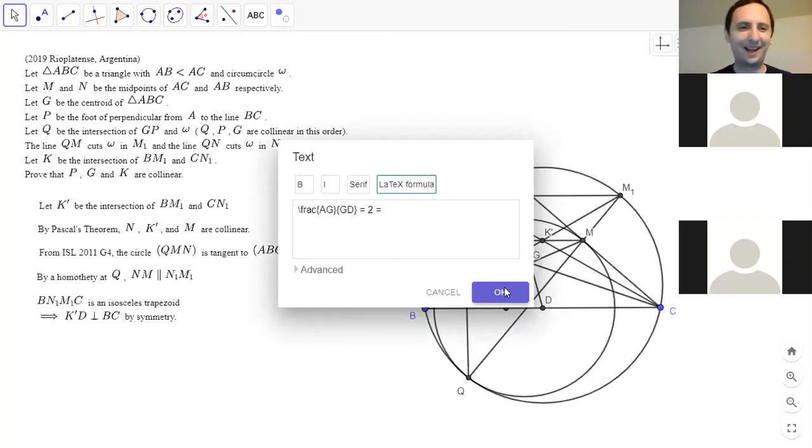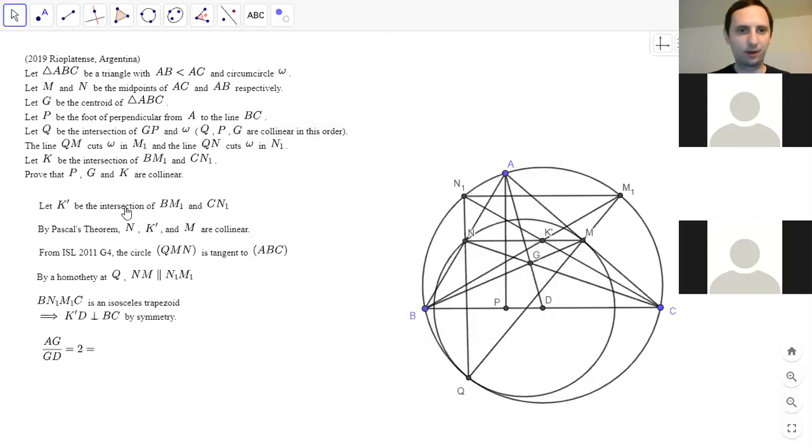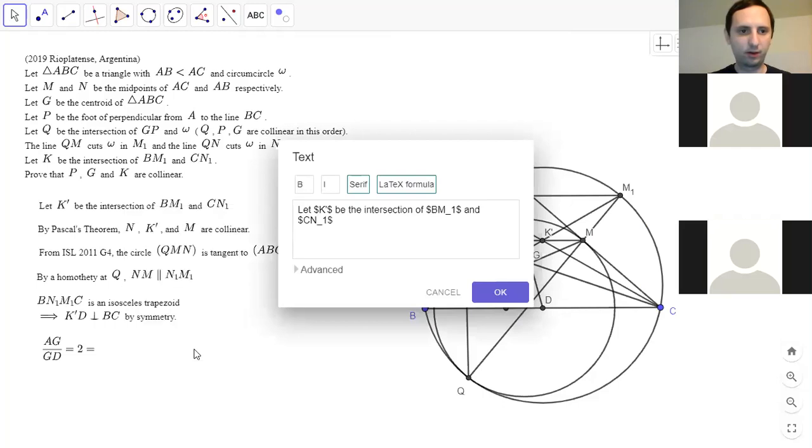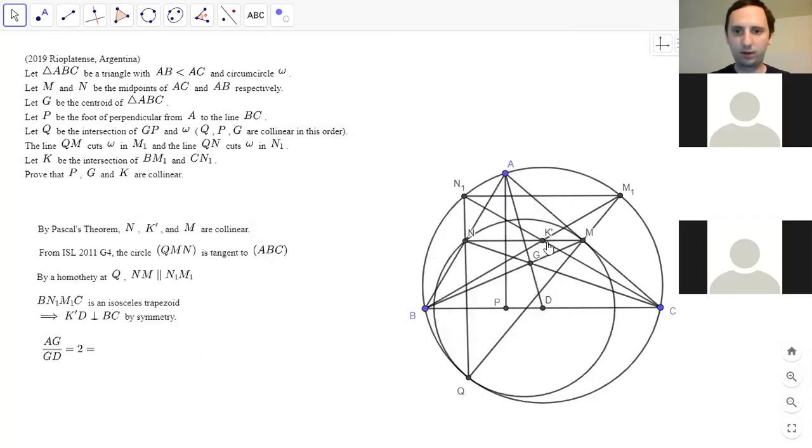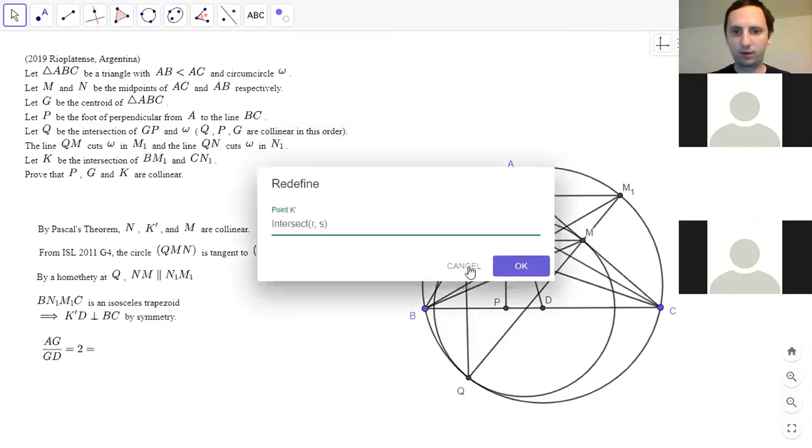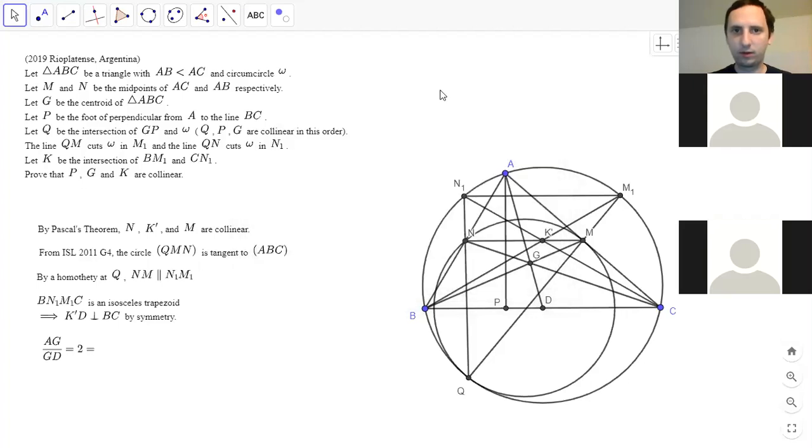Oh yeah, I didn't need to call it K prime. I could just call it K everywhere. You're right. And you can just argue that the homothety which sends ABC to DMN will send P to K, and we are done.